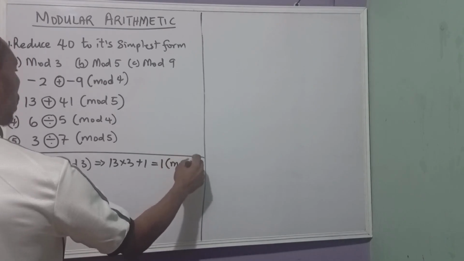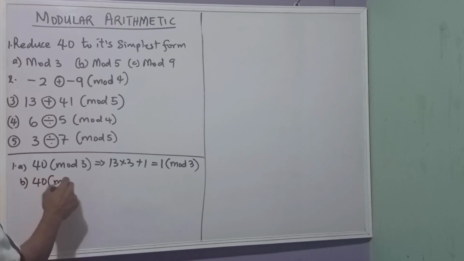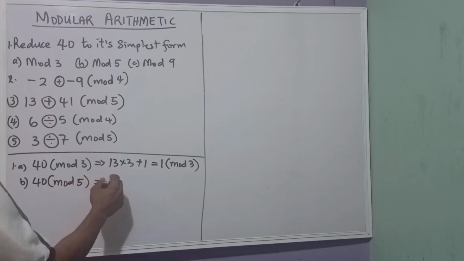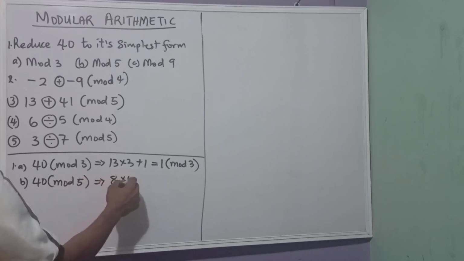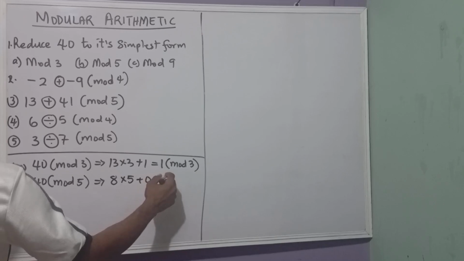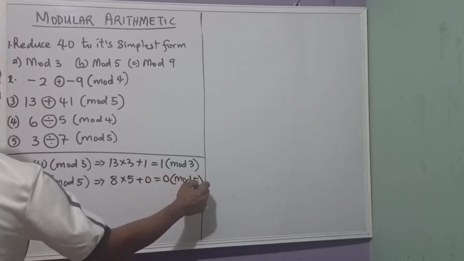mod 3. Now for B part, we have 40 mod 5, which will give us 8 times 5 is 40, plus 0. So this becomes 0 mod 5.